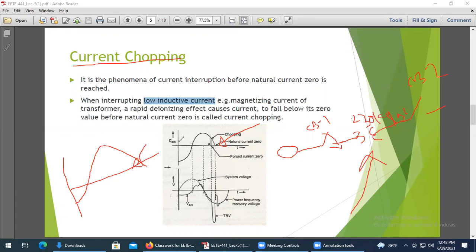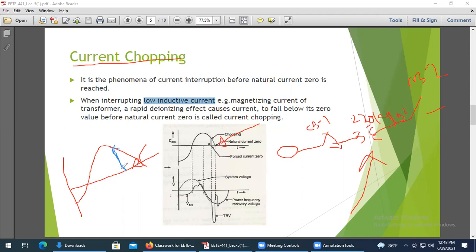But the problem is that this magnetizing current has a very low magnitude. So due to this low magnitude current, the circuit breaker will try to interrupt this current before it reaches natural zero. That means before the zero appears, the circuit breaker will assume some point as zero and will start forcefully interrupting the electric arc.